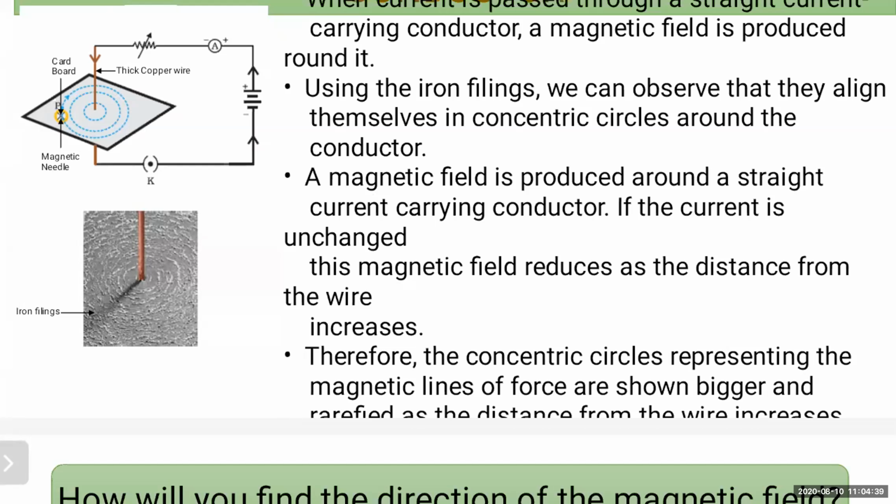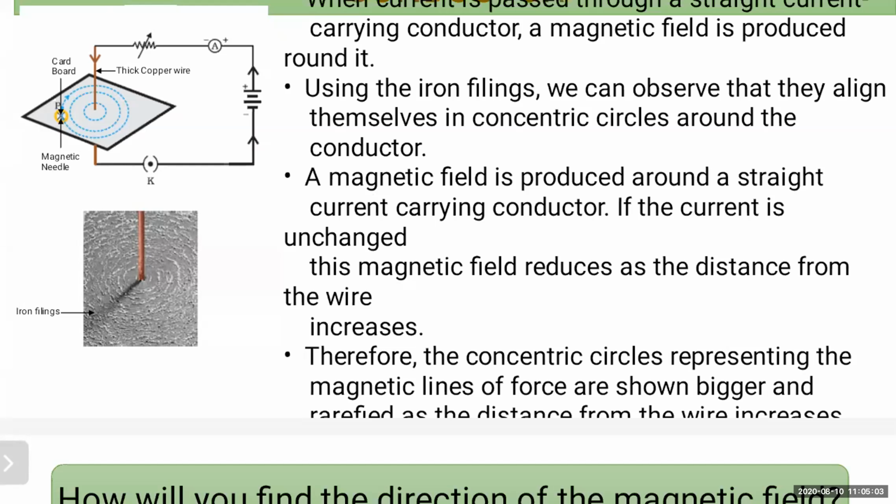If the current through the wire increases, the intensity of the magnetic field also increases. Okay, so here we can observe the magnetic field produced around the conductor.